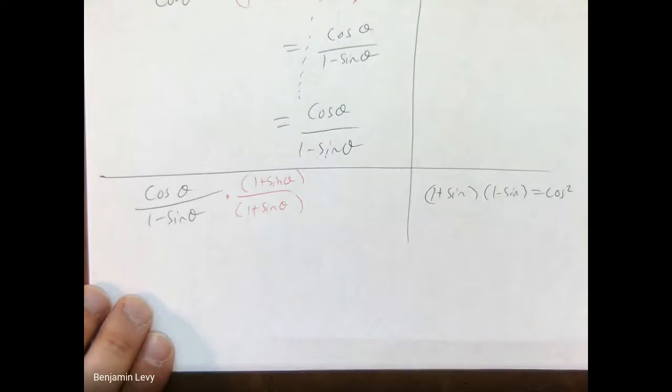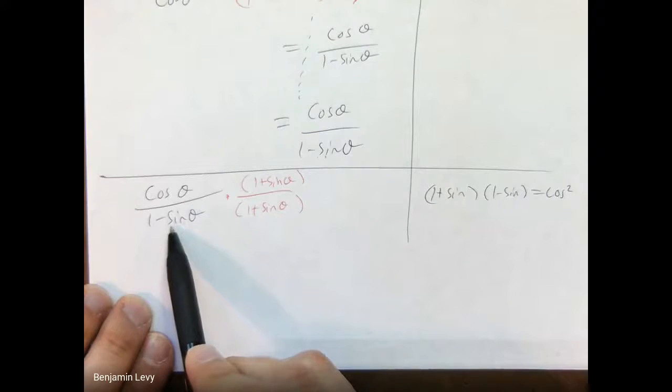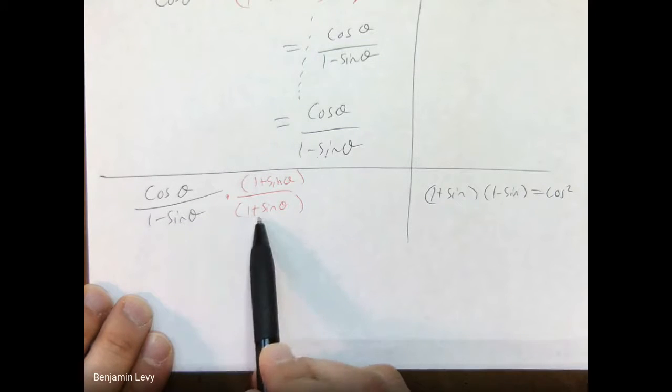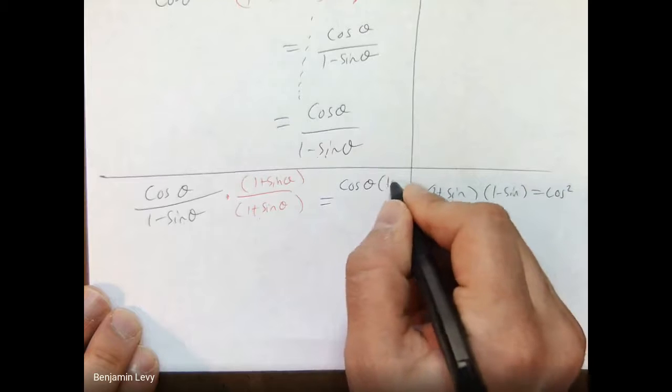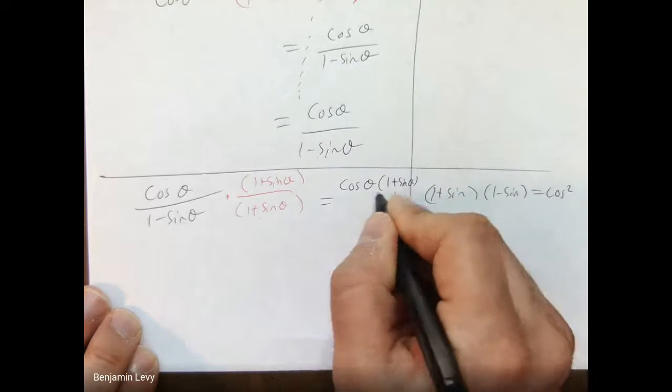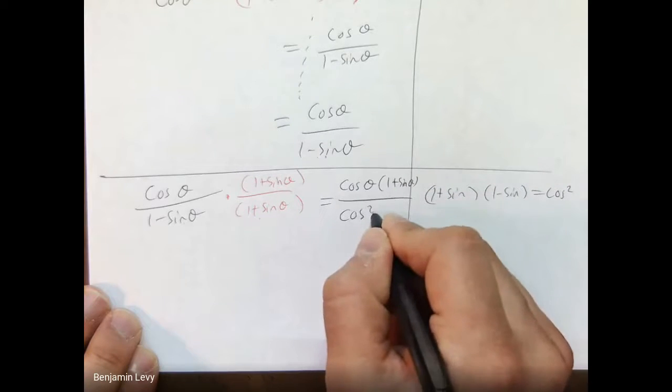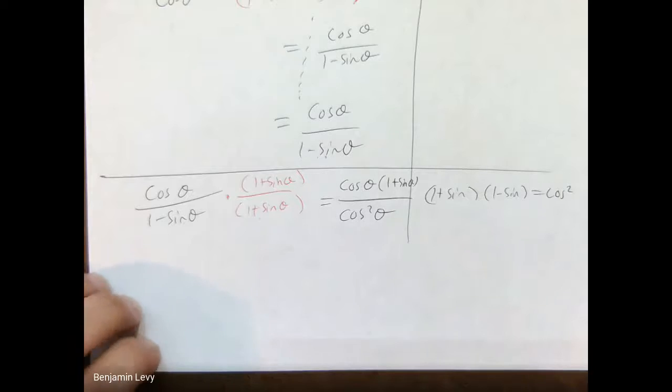And we had no other option, right? That was the whole point of page 68, when you get stuck on something like this, that's a way to move forward. And so when you do that, you end up getting cosine times 1 plus sine, and then cosine squared in the bottom.